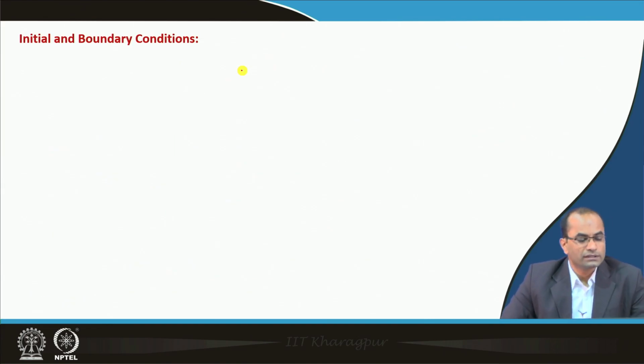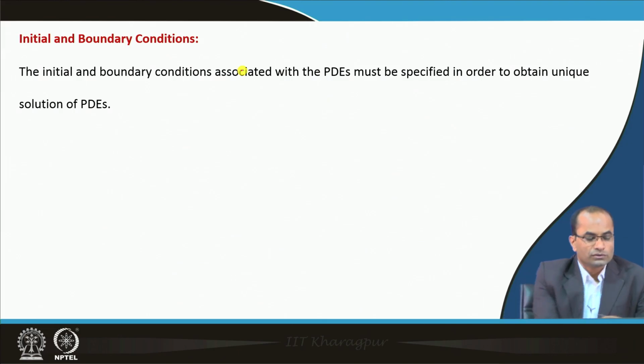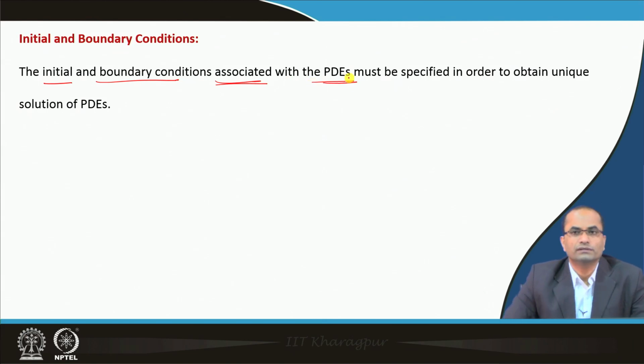So, now we will discuss initial and boundary conditions, because many of them will be used in the next 2 lectures, where we will be discussing how to solve such differential equations with the help of Fourier transform. The initial and the boundary conditions are always associated with the partial differential equations, which we have just stated.